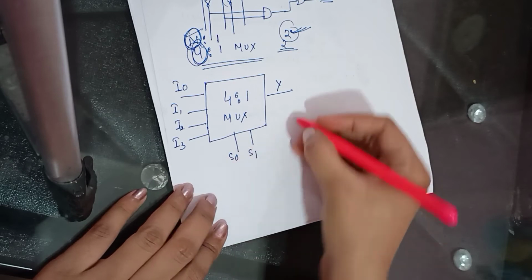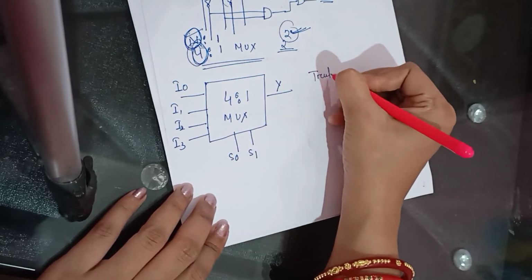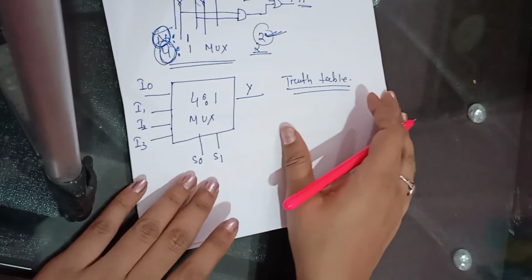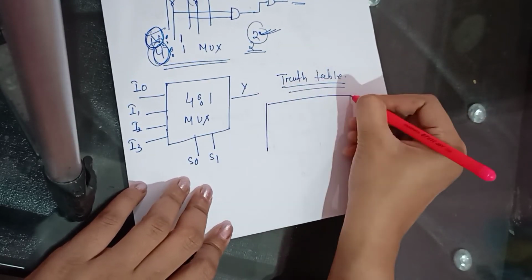Then the second step is your truth table. Here is the truth table.